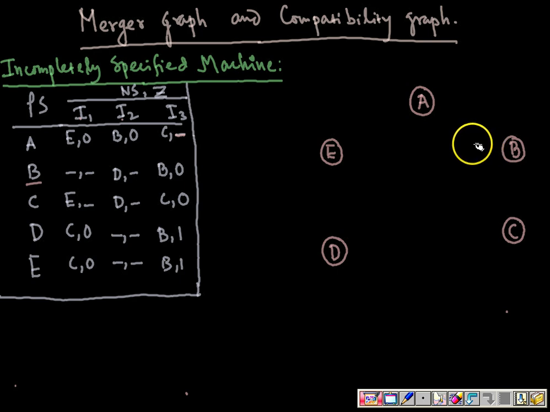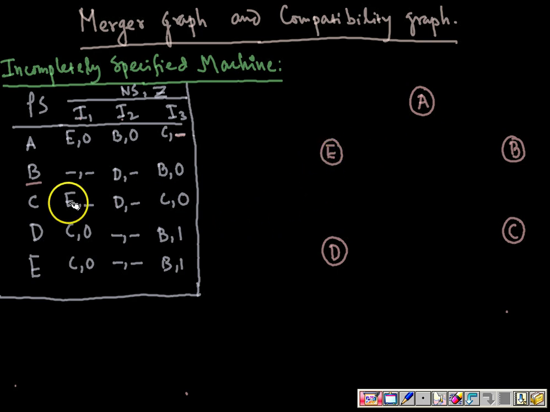Now if the outputs for all the inputs are the same, then you need to check whether the next state transition is the same or not. If the next state transitions of two vertices Si, Sj for all inputs are the same, then they are going to have an uninterrupted arc.